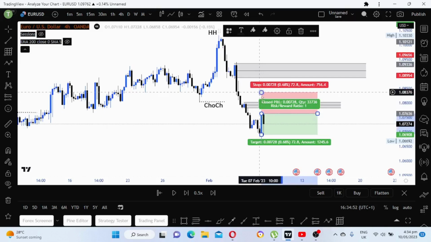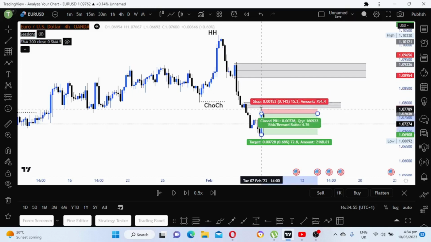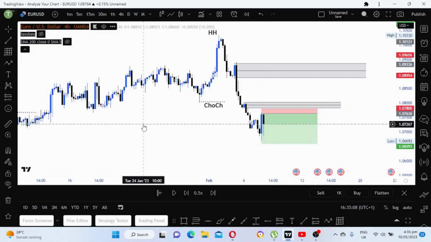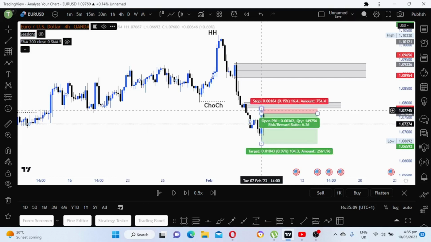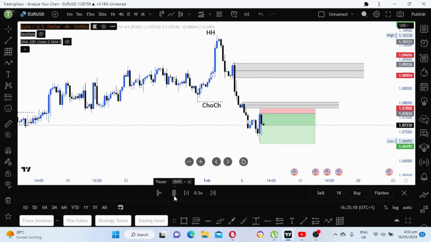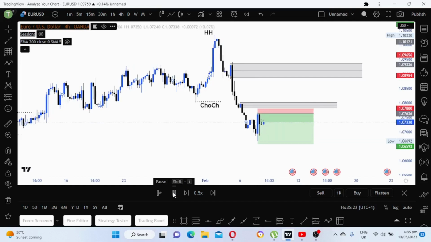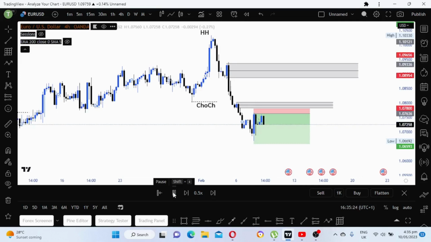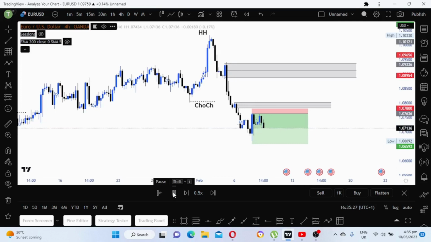You would have placed a sell here and put your stop loss somewhere here, just above this high. So watch price now. What price does. You are in profit. You are happy.